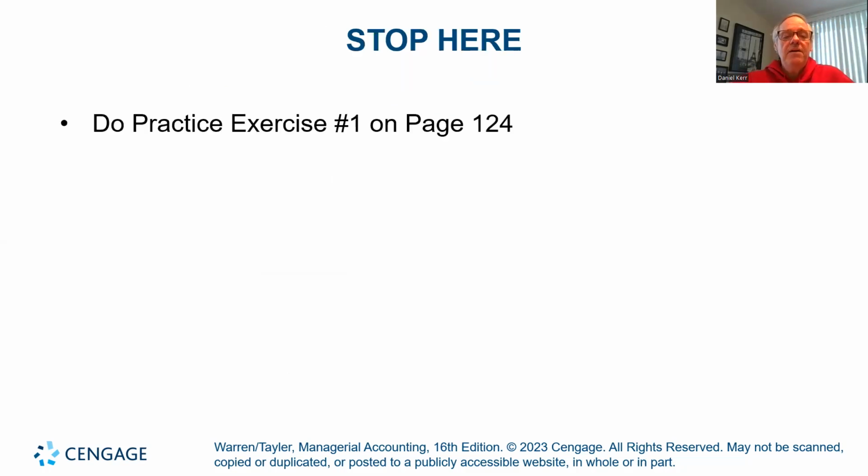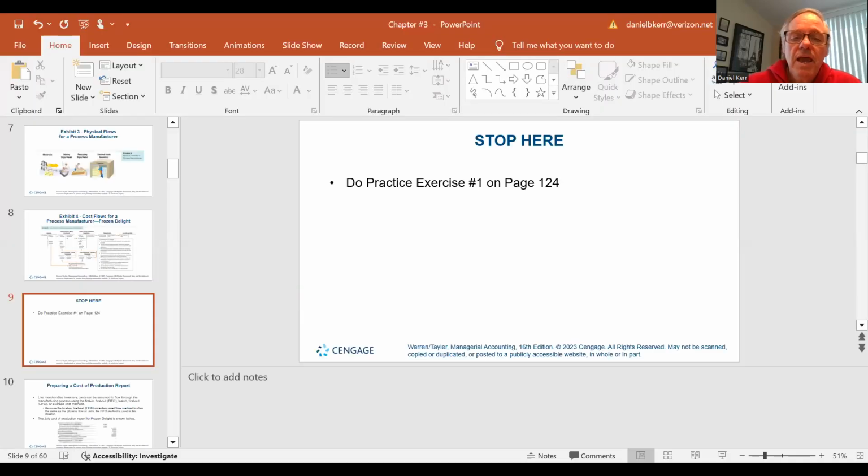So let's stop here now, take a little pause, and we'll do exercise 1 on page 124. So pause the tape, and let's go to this particular exercise. And what we need to do in this exercise is to, based on what we've just learned, make a decision about whether job order costing or process costing would be the most appropriate.